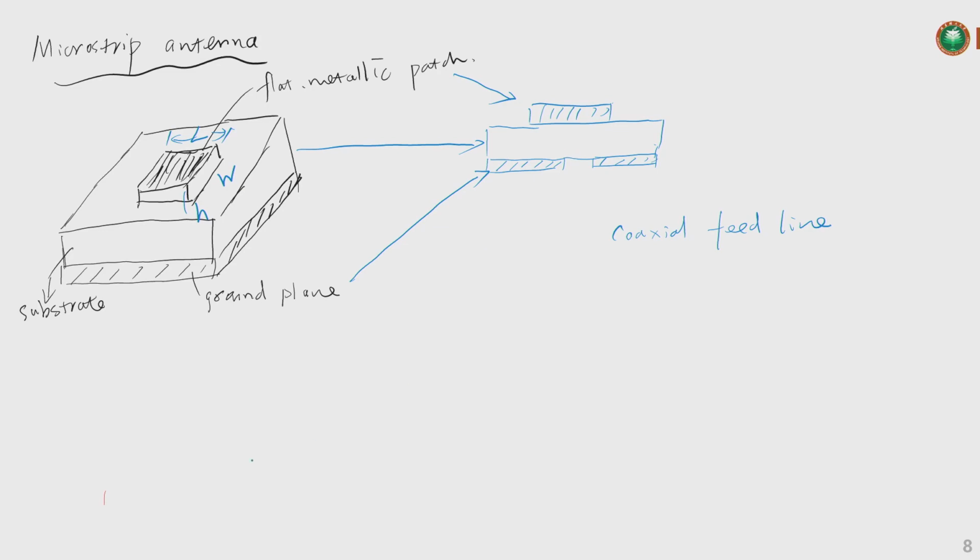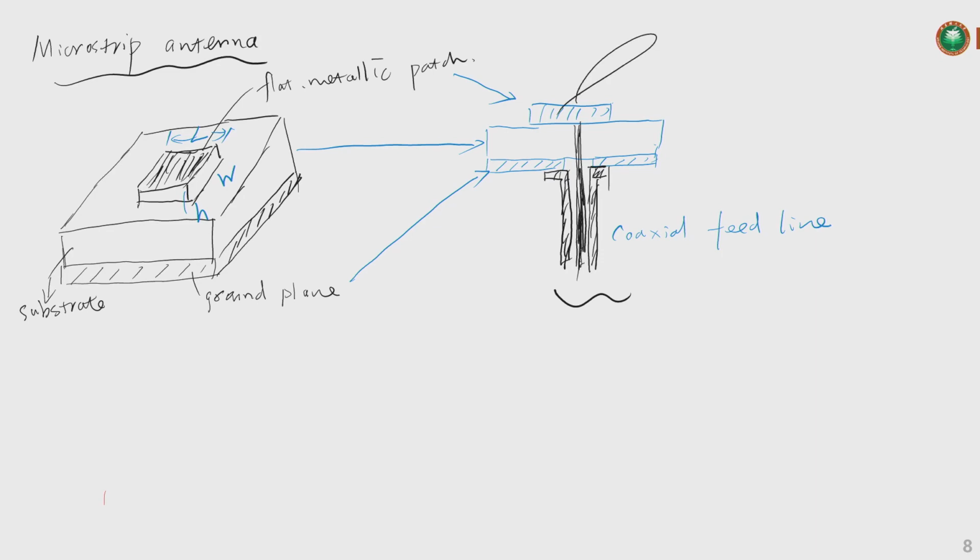So called coaxial feed lines, and we change the color. So here comes the feeding line and sends the output to the patch.